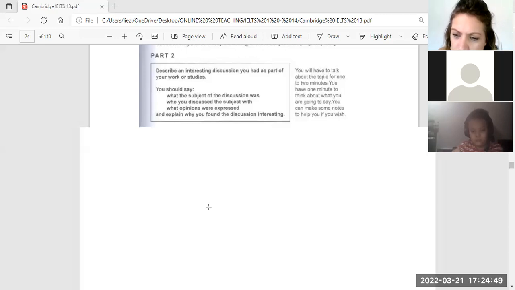Our class was in a group which had to make a robot. We discussed the subject with everyone in the class.